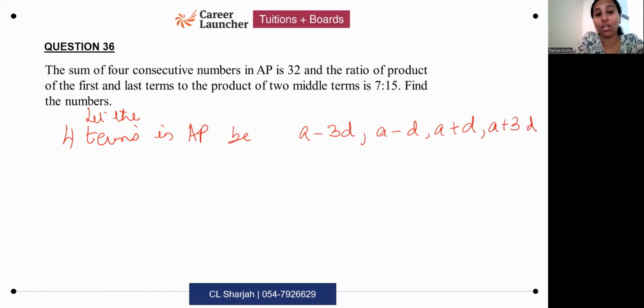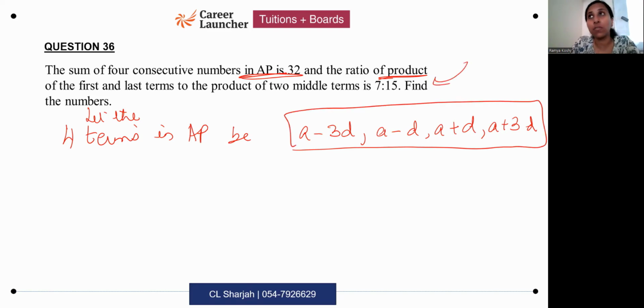This is the main logic. What type of questions do you use this in? Not everywhere you see 4 terms in AP. Every single question where 4 terms are there in AP, don't start using this. When you know the sum and product, that means the question is involving sum of terms and product of terms. In that case, you use this. You start off like this, apply these conditions and solve.